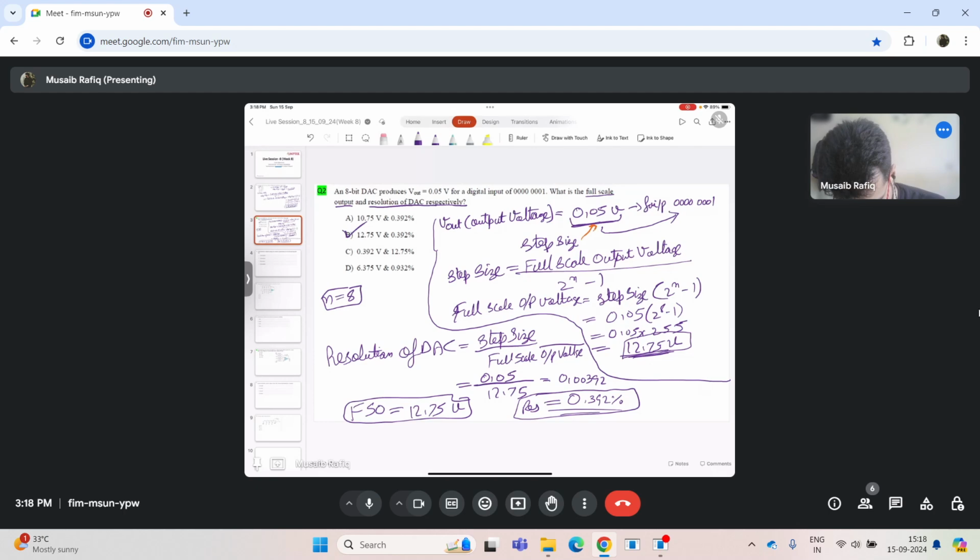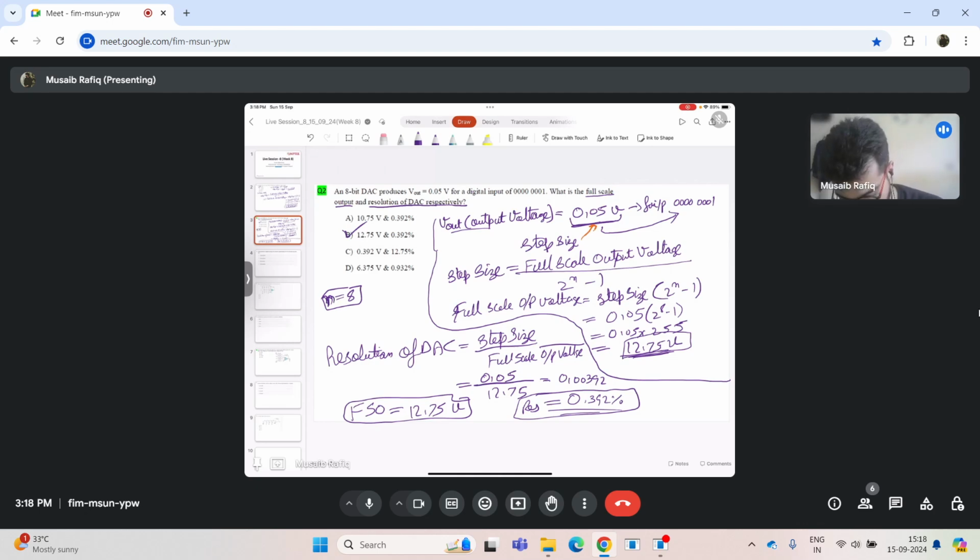What I did, I used this information that the output voltage was equal to 0.05 volt for input 1. That simply means this was the step size. As we move from 0 to 1, that is the step size it moves, right? So output voltage for input 1 is my step size. Then step size, according to the formula you might have seen in your lectures as well, is full scale output voltage divided by 2 raised power n minus 1, where n is how many bits the DAC is.